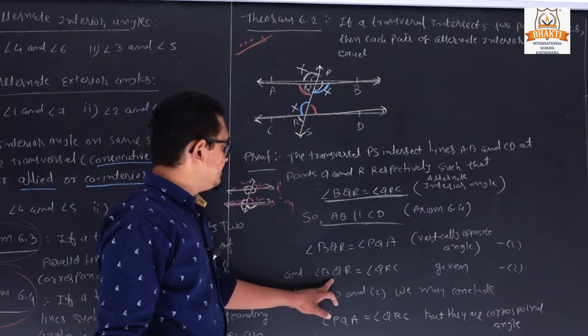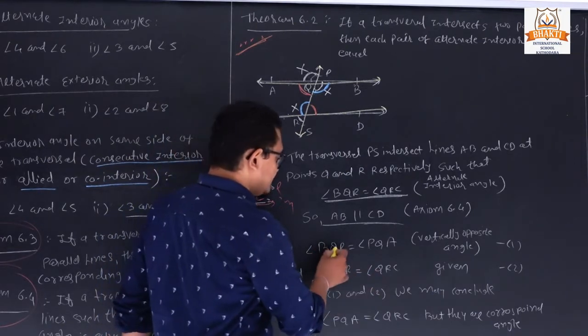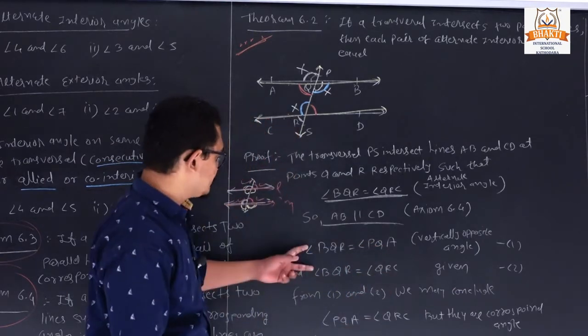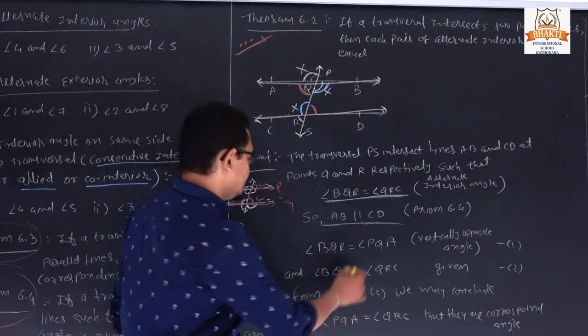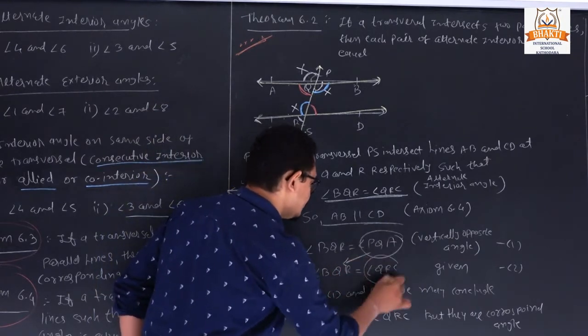And one thing is given, BQR is equal to QRC. So BQR is equal to PQA as well as QRC. So from results 1 and 2, we can declare that these both are equal to each other.